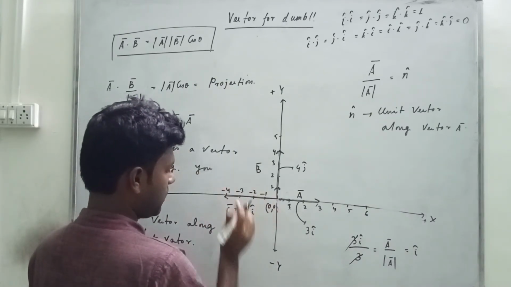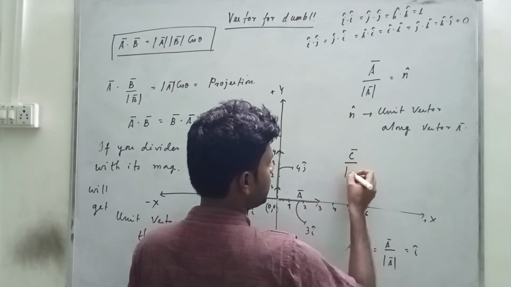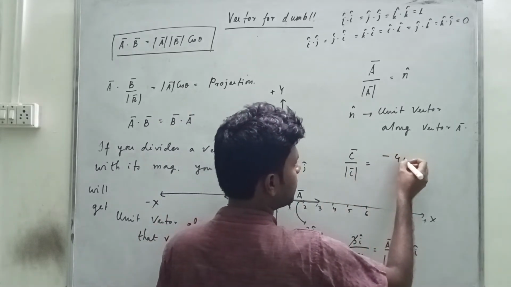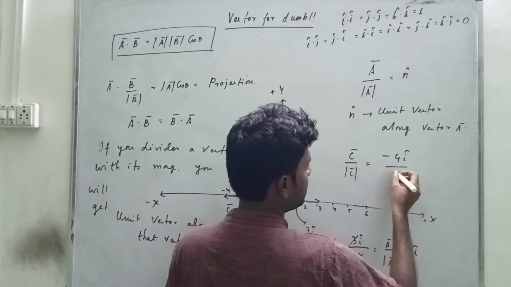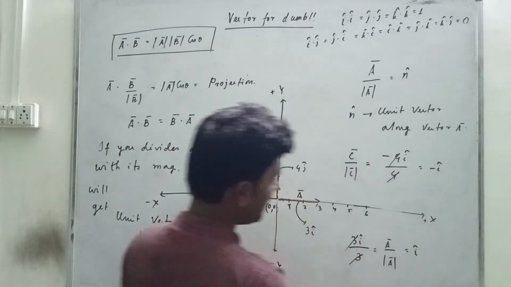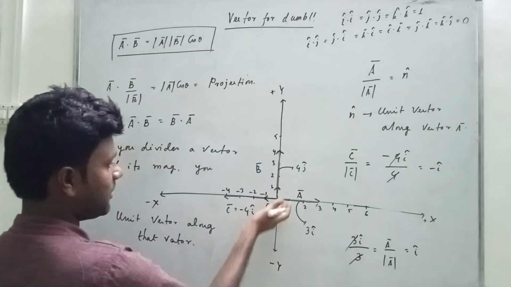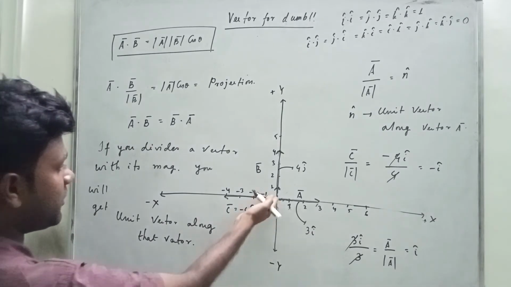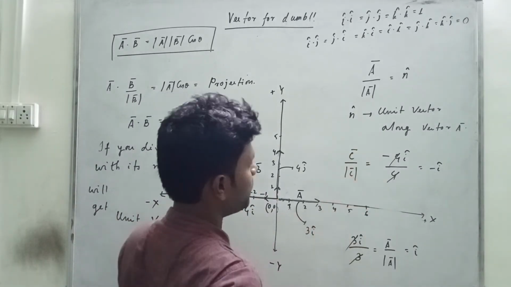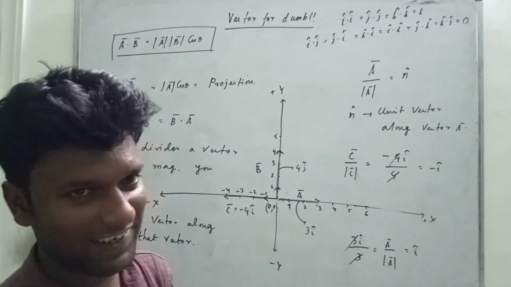It's 4 units. Just divide vector C by its magnitude. What will you get? Vector C means minus 4 i hat, divided by the length of this vector, 4. You are just left with minus i hat. Obviously, it is minus i hat and it's a unit vector along that vector C because it's the direction of vector C. And if you divide vector C by its magnitude, you will get minus i hat, I mean the unit vector along the vector C. Right?